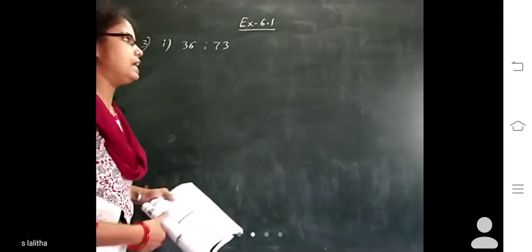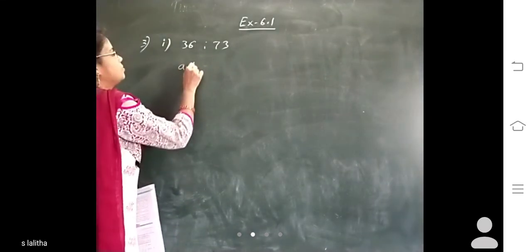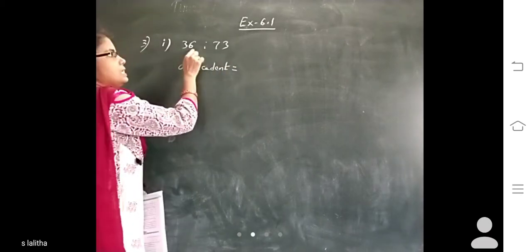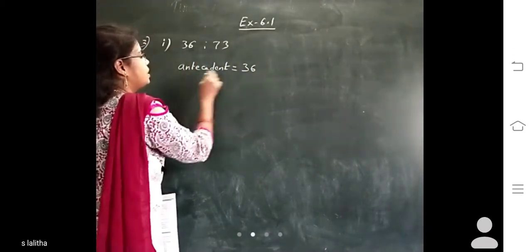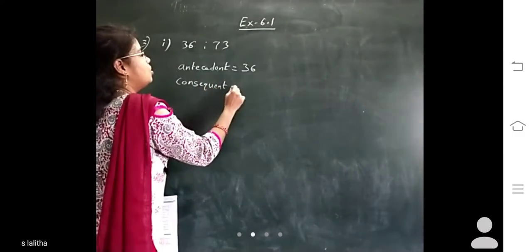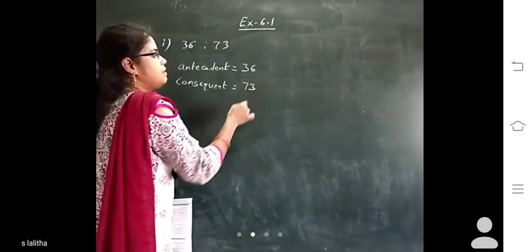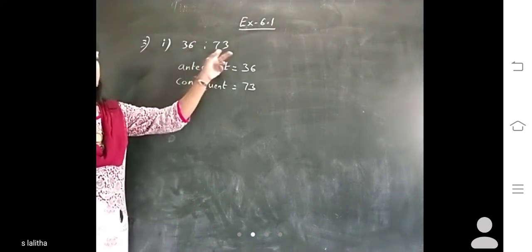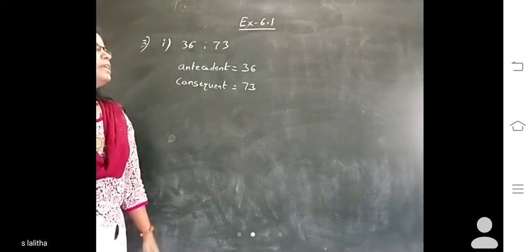So here what is the antecedent? Antecedent equals 36. And consequent equals 73. First term is called antecedent, second term is called consequent.